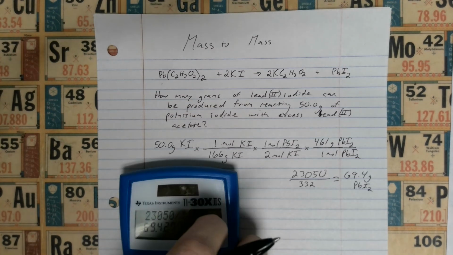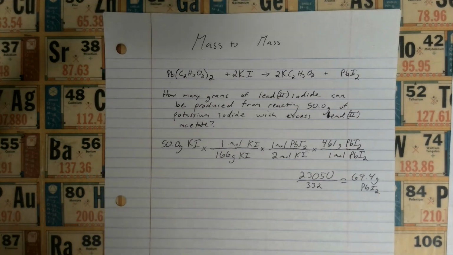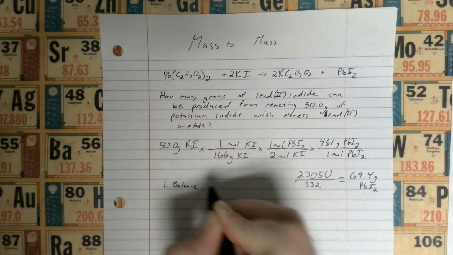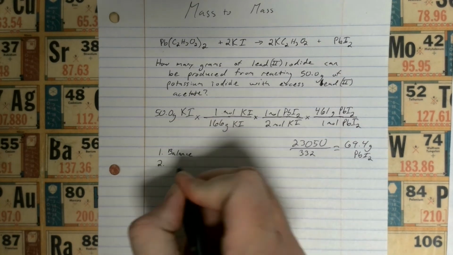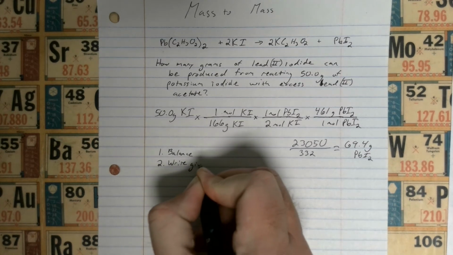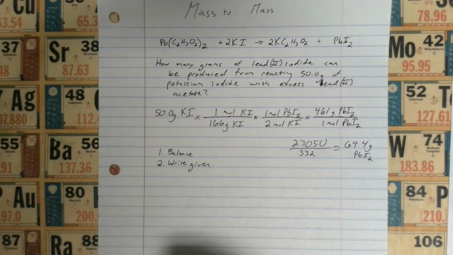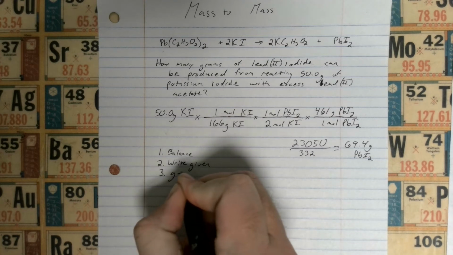Okay. So to review the steps, number 1 is always to balance the equation. Number 2 is to write down the given. Again, in this case, it was the 50 grams. Number 3, grams to moles.